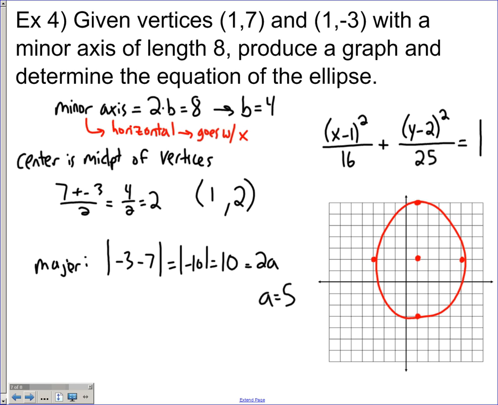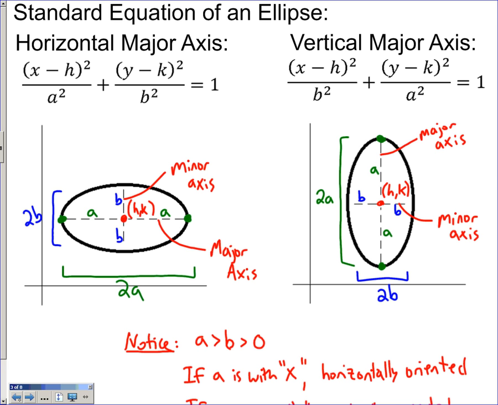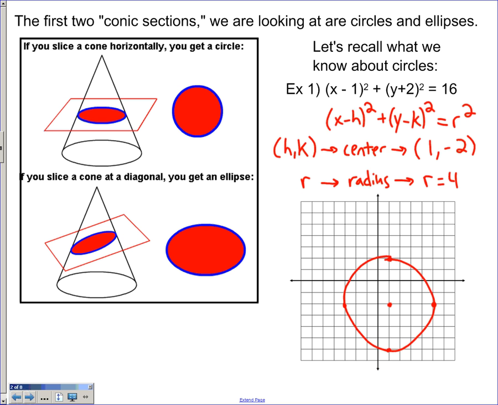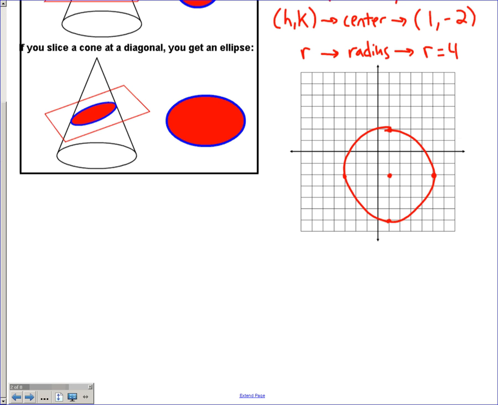All right, I want to flip back to the very first example we did dealing with a circle, and I want to talk about one kind of connection between ellipses and circles. So you can see with our circle equation, let's take that equation and we're going to divide it through by 16. So I get x minus 1 quantity squared over 16 plus y plus 2 quantity squared over 16 equal to 1.